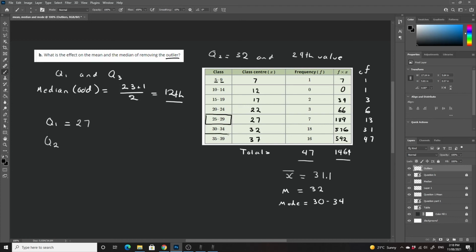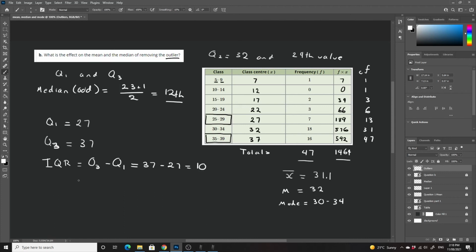So our third quartile is going to be equal to the class center, which is 37. Now we calculate the interquartile range, which is going to be equal to Q3 minus Q1, which is 37 minus 27, which equals 10.